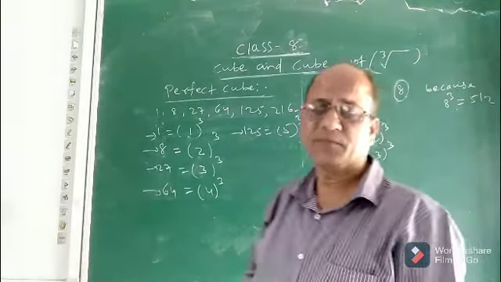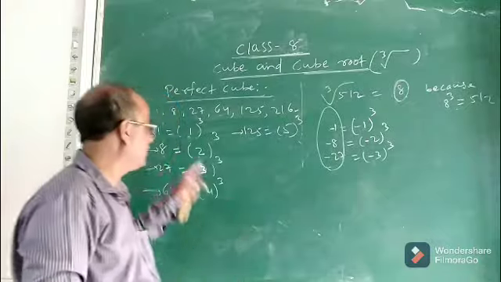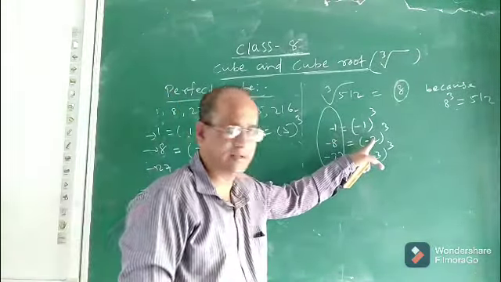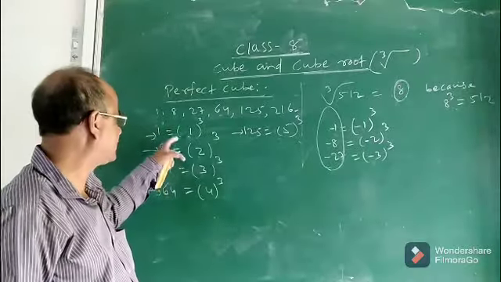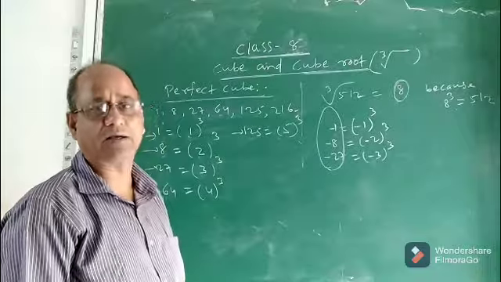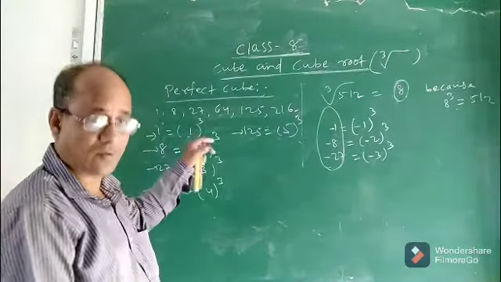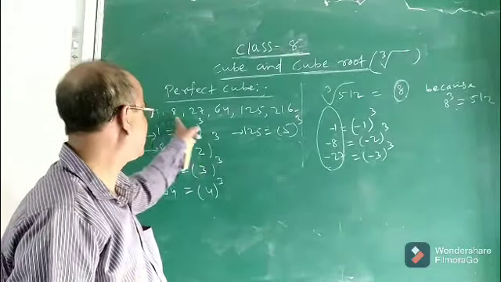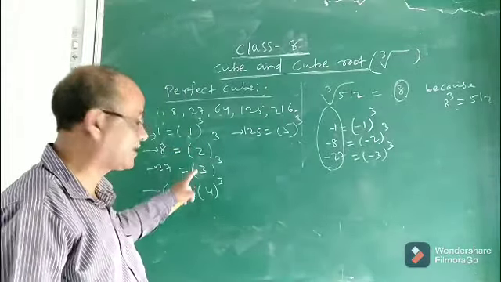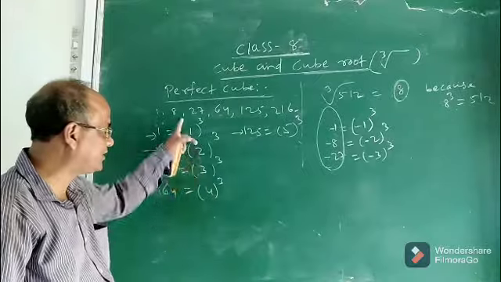Okay. So see children, whether a number is the cube of a positive integer or a negative integer, that number is called a perfect cube. So these numbers are perfect cubes. Why? Because they are the cubes of some positive integers.